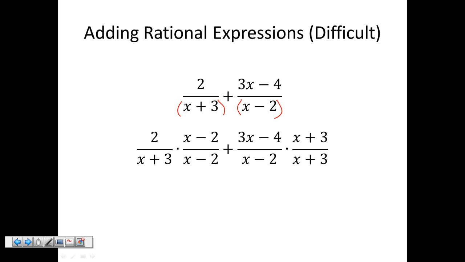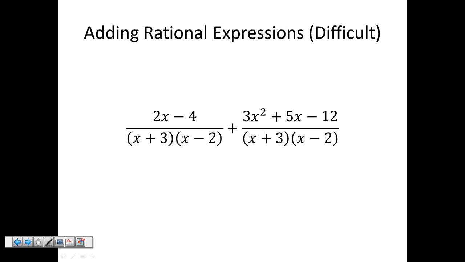So we're going to multiply by x minus 2 top and bottom. Just like when you were learning how to do this back in 4th grade, 5th grade, you multiplied by a number top and bottom to get that common denominator. Now we're going to multiply by a polynomial. My second fraction has the x minus 2. It needs the x plus 3. So that's what I multiply by, top and bottom, to get that common denominator.